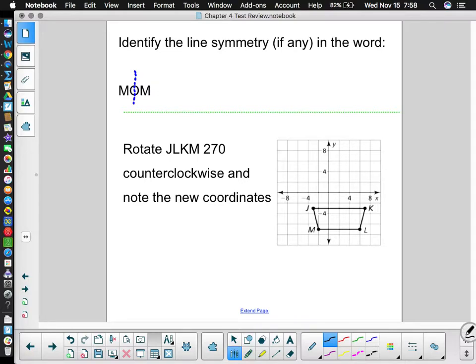J is at -3, -3. K is at 7, -3. L is at 6, -2, 4, 6, 7, 6, -7. And M is at -2, -7.